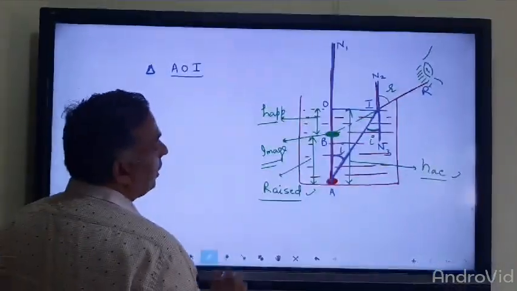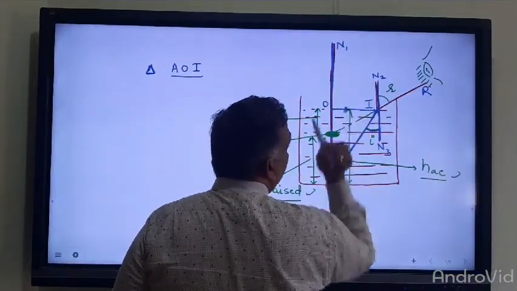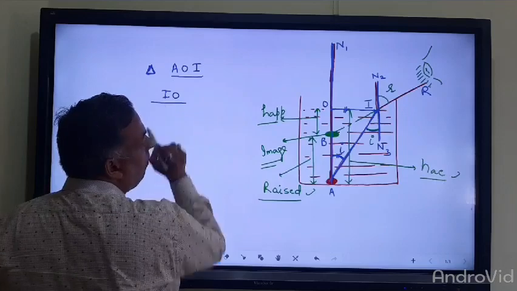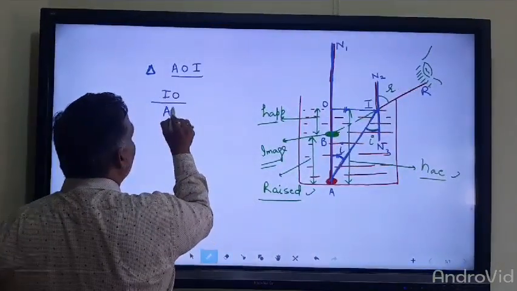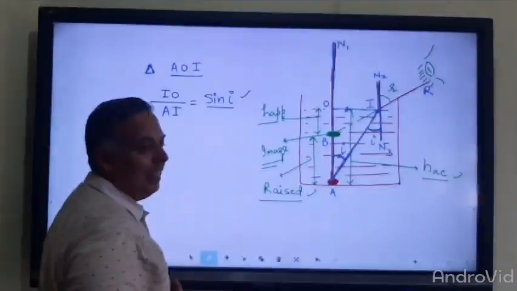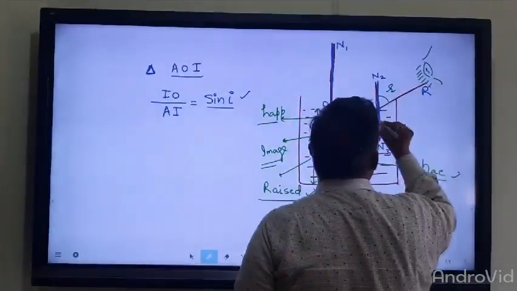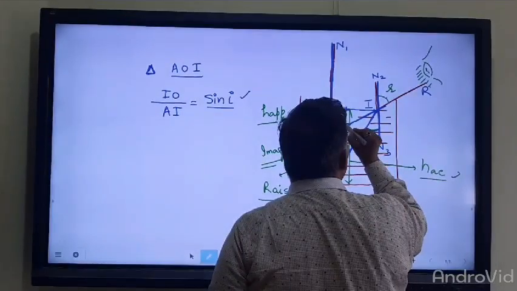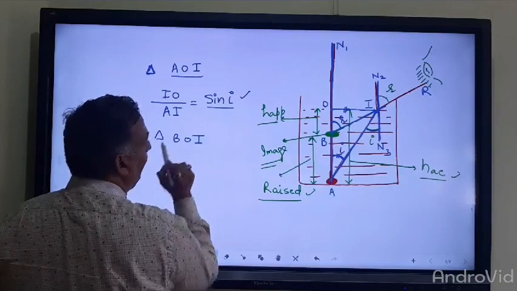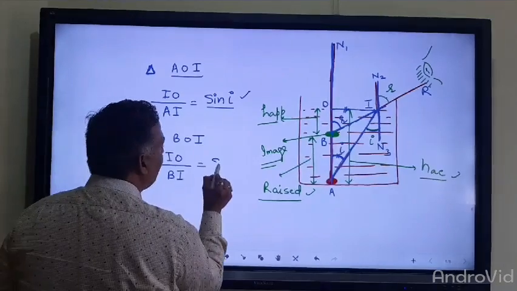So if I take this triangle AOI, this angle is i, and this is the perpendicular. So IO upon AI is called sine i. Now for the other ray, this is crossing the edge, this is r, so this is also r. Now I take the triangle BOI. So IO upon BI is sine r.